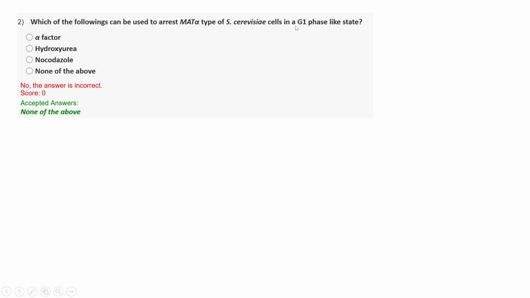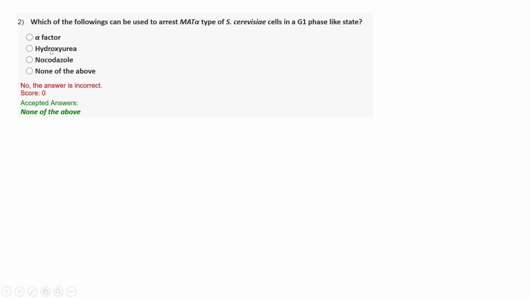When the cells are arrested in the G1 phase, mating will not occur, and the division, the mitosis process, will also not occur. Alpha factor will promote mating. It is a pheromone which promotes mating by promoting the mitosis process and the formation of the shmoo.